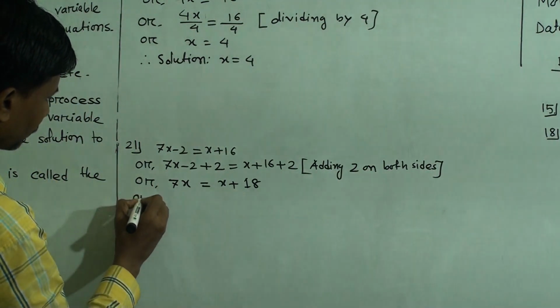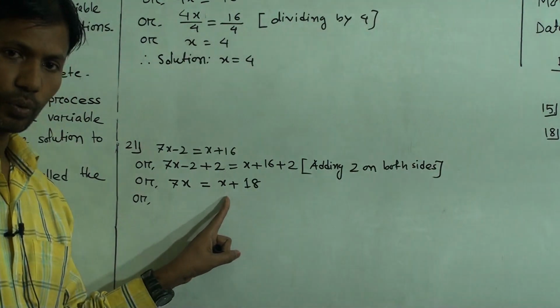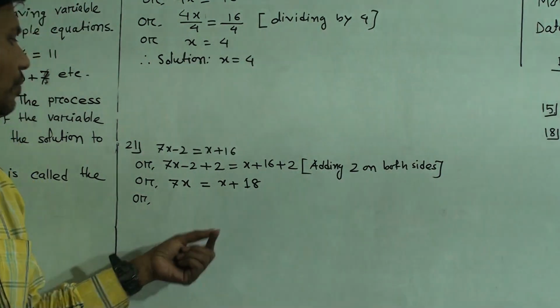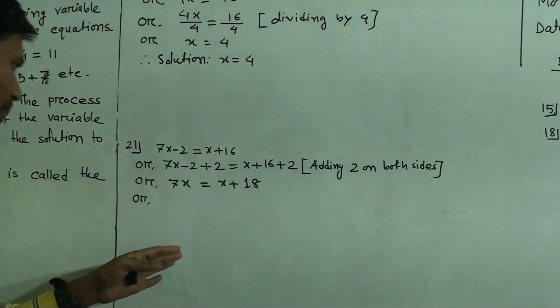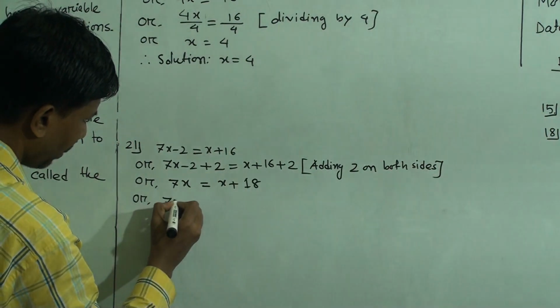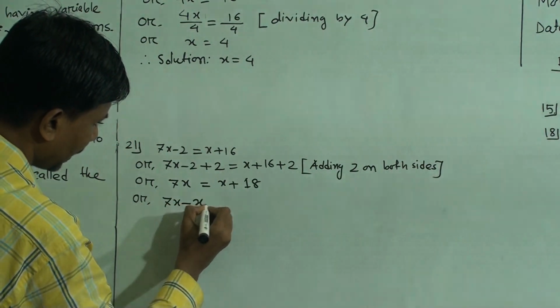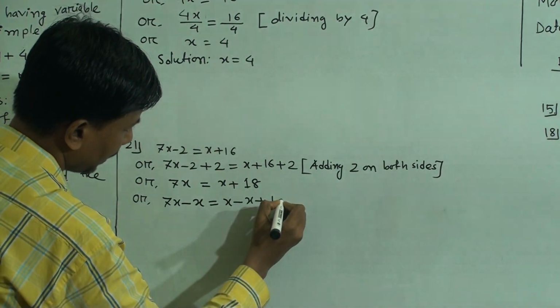Now you see here, on the right side there is the variable x, so you have to vanish this variable. Now we have to subtract x from both sides, that means 7x minus x is equal to x minus x plus 18.